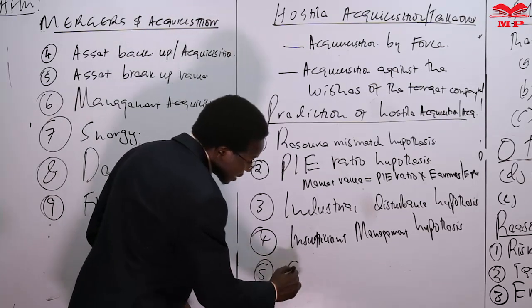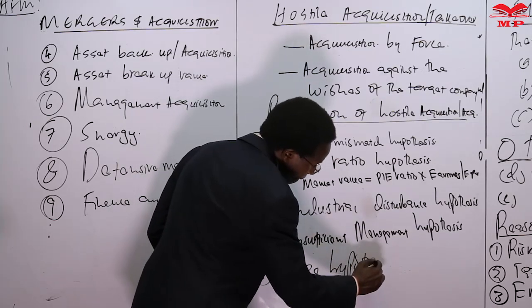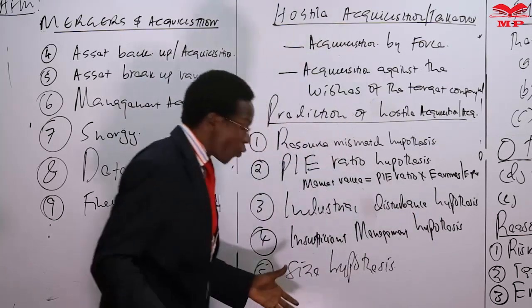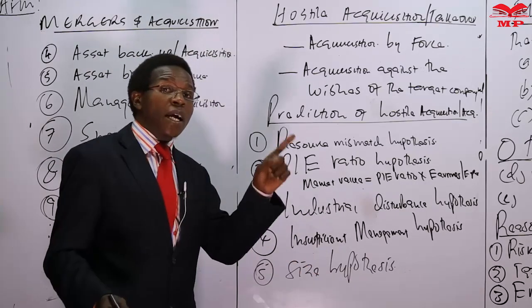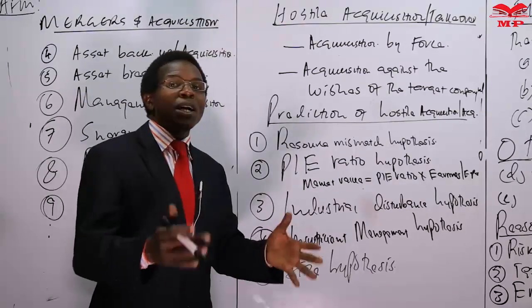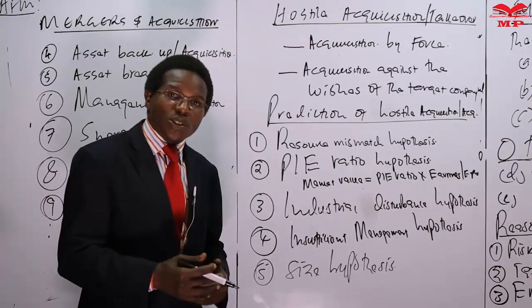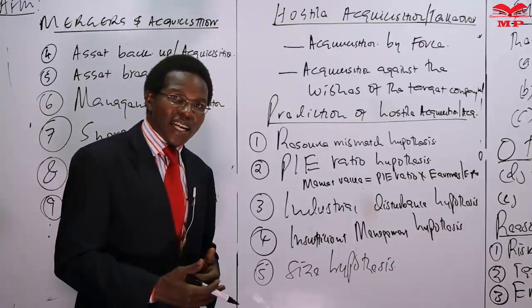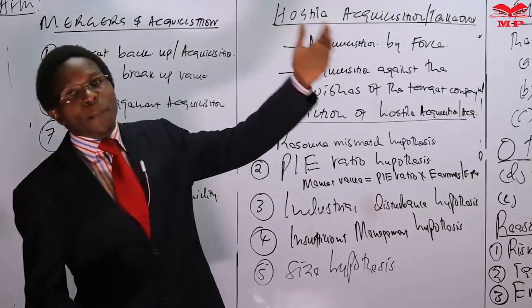Number 5, size hypothesis. When it comes to the size hypothesis, friends, it means that a bigger company will easily take over a small company. If the company is small in size, then it can easily be taken over. It's not possible the other way around. It's not possible for a small company to take over a bigger company.